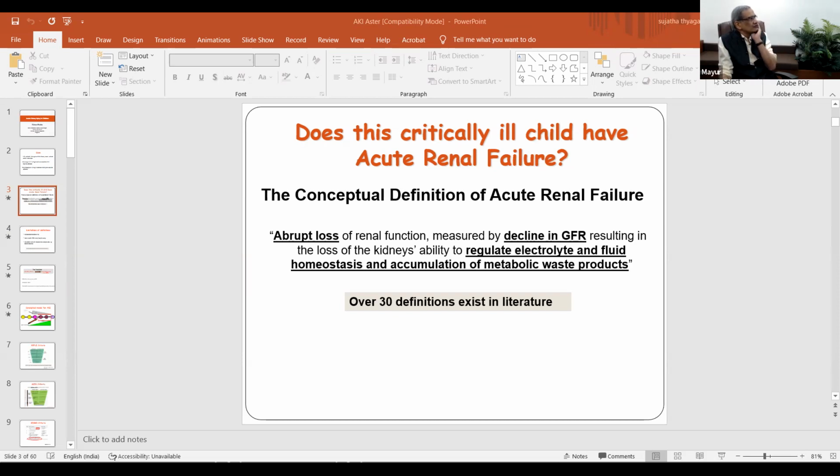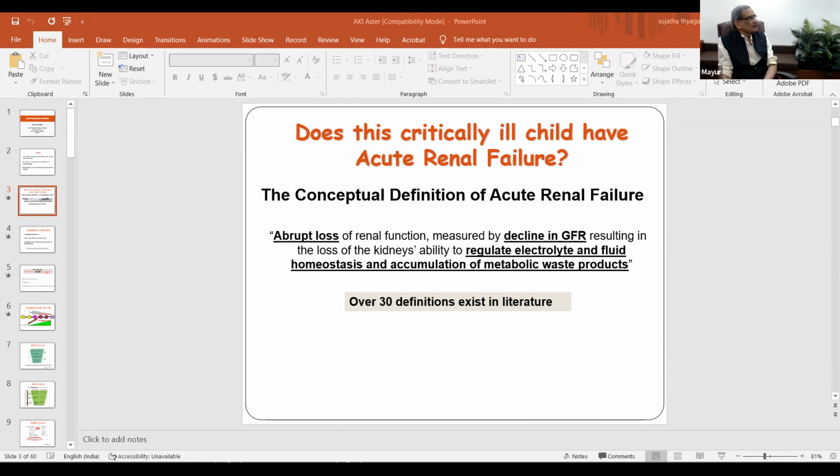I'll show you those pyramids. The term failure had a problem in that it always meant failure of the kidneys, failure of its function. Whereas, as you know, if you take pre-renal type of renal failure in olden days, the kidney is essentially normal in those situations.